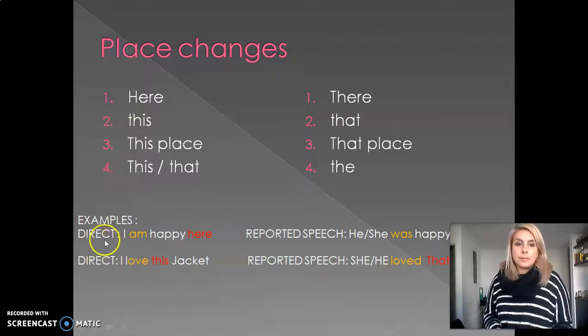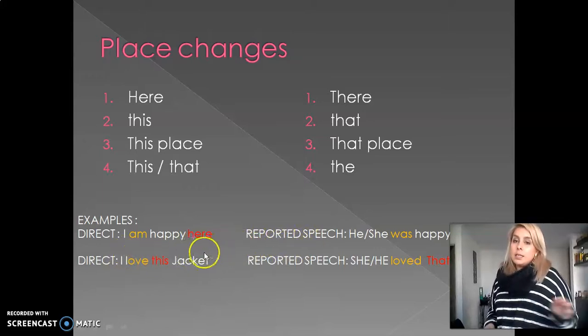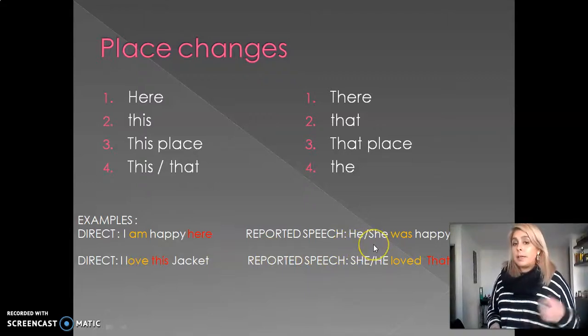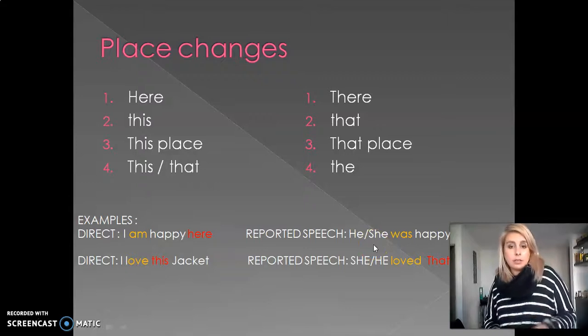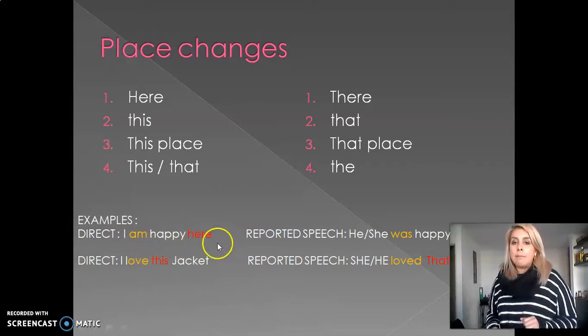For example, in direct speech, I say, I am happy here. The changes are: I is going to be changed for he or she, depending on who is talking. If it's Mary, she. If it's my dad, it's going to be he. Then the change in the verb to be, am for was.